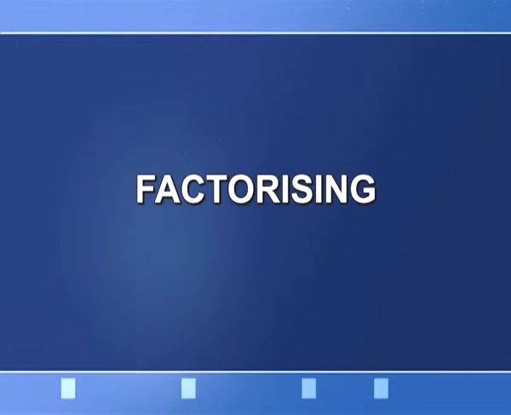So, if x plus 1 is 0, you will get x is equal to negative 1, and if x minus 6 is equal to 0, you will get x is equal to 6. So, we have solved this equation by the method of factorization, to arrive at the roots of x square minus 5x minus 6 is equal to 0.